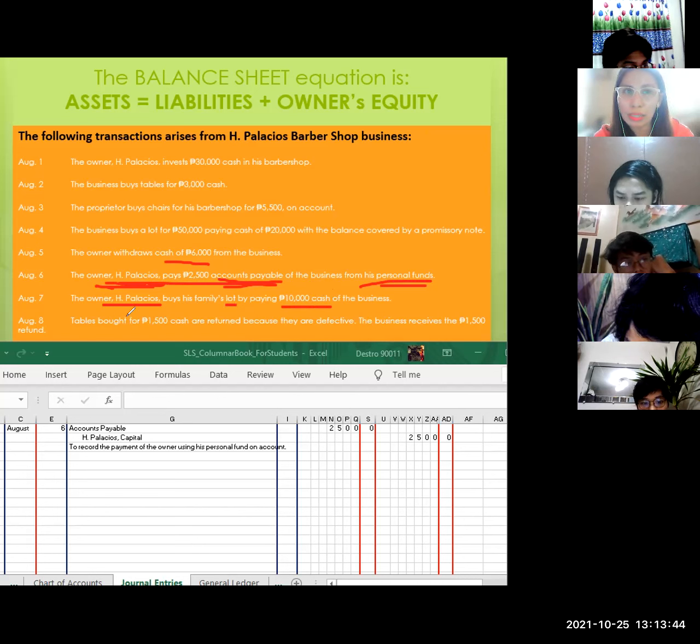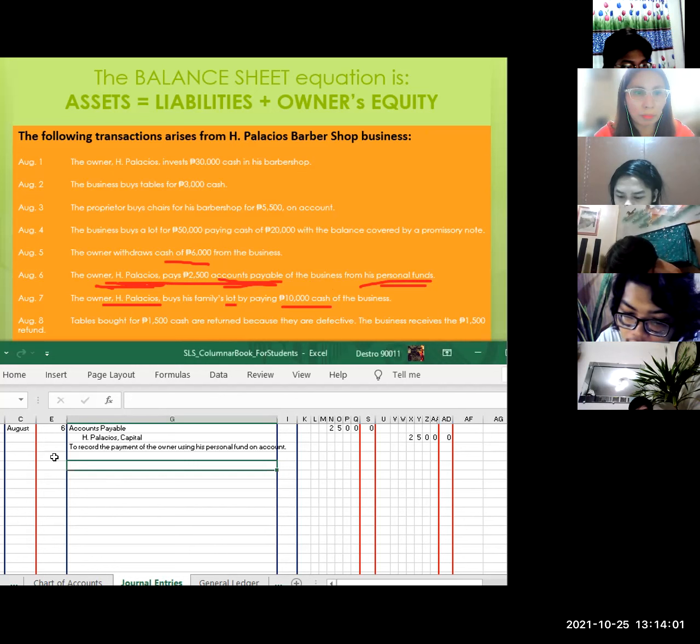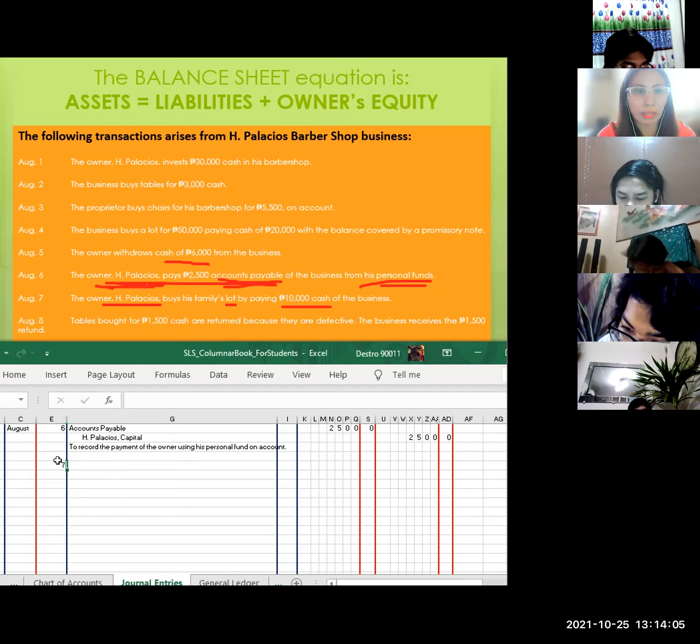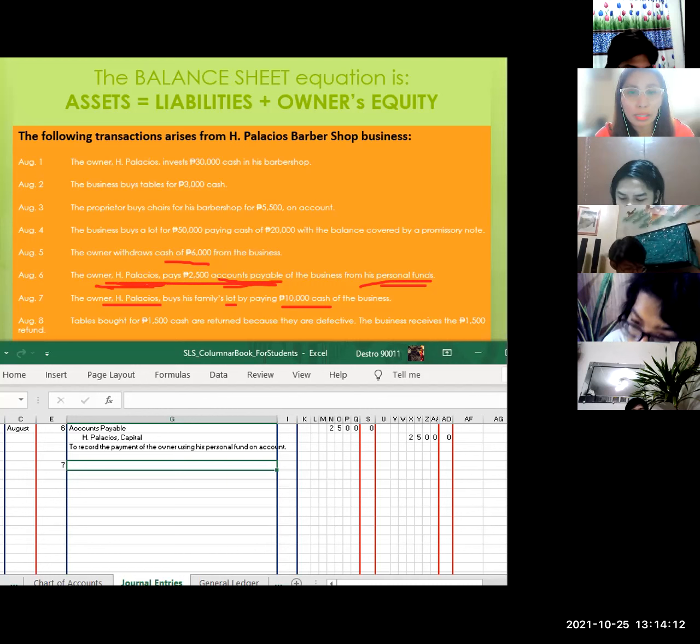These are the keywords to be used. August 7. So let's analyze the August 7 transaction.